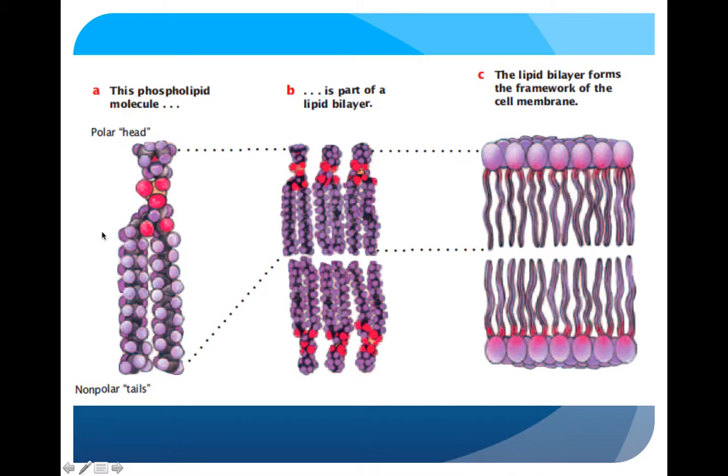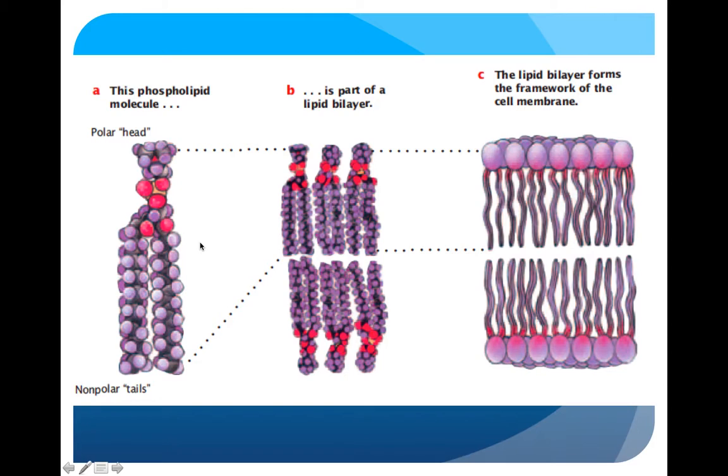So here is what one whole phospholipid looks like. It is made of one polar head and two nonpolar tails. Important to know: one polar head, two nonpolar tails.